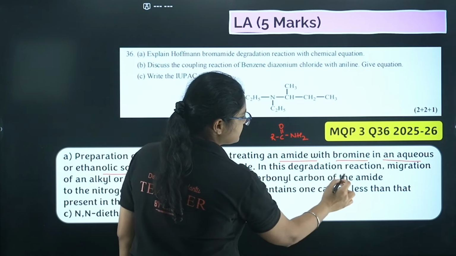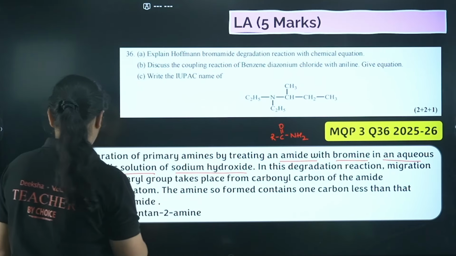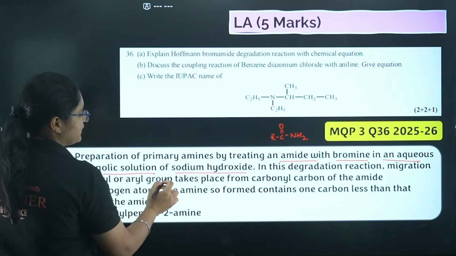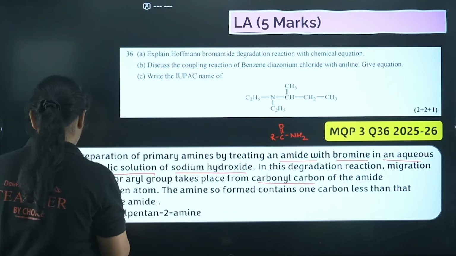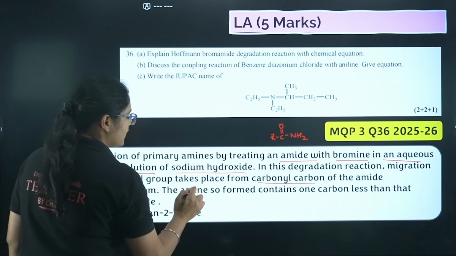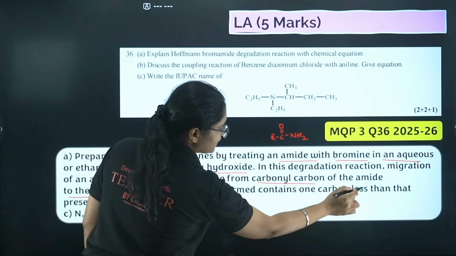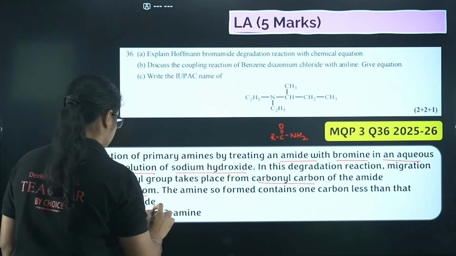In this degradation reaction, migration of an alkyl or aryl group takes place from the carbonyl carbon to the nitrogen atom. The amine so formed contains 1 carbon less than that present in the amide.